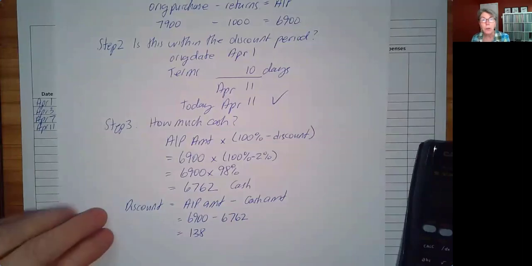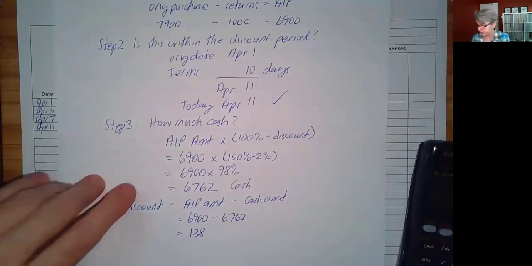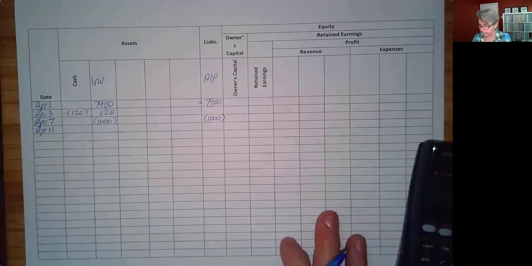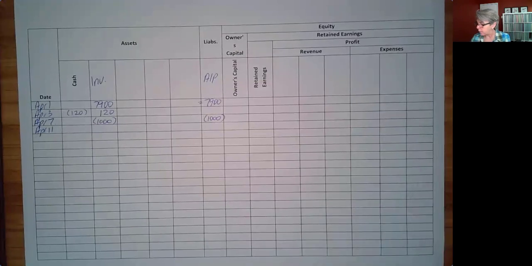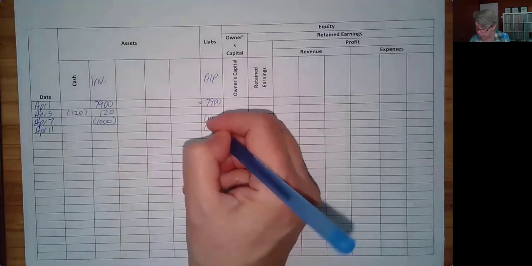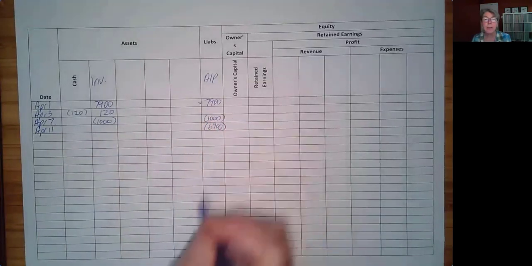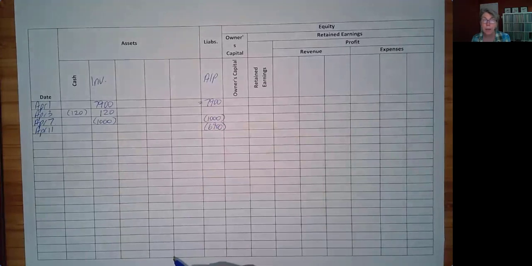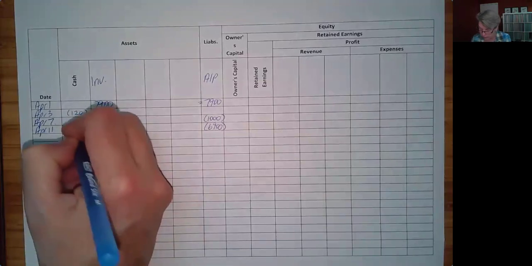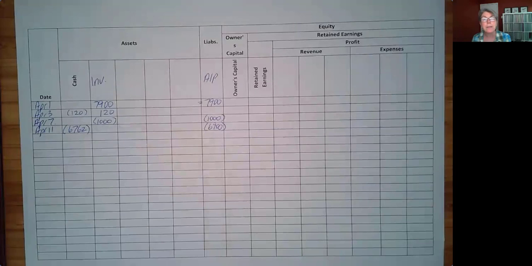So now we've got to reflect that into the records. All right, what did the company get? They got back their IOU for the amount of the accounts payable, which was $6,900. We know that because of our calculations. So negative $6,900. What did they give away? They gave away cold, hard cash. But the amount of cash they gave away was not $6,900. Instead, they only gave away $6,762. Where does the difference go?